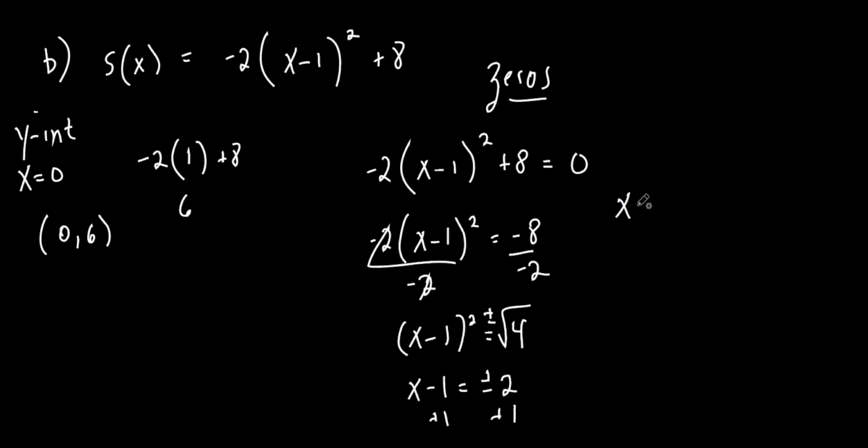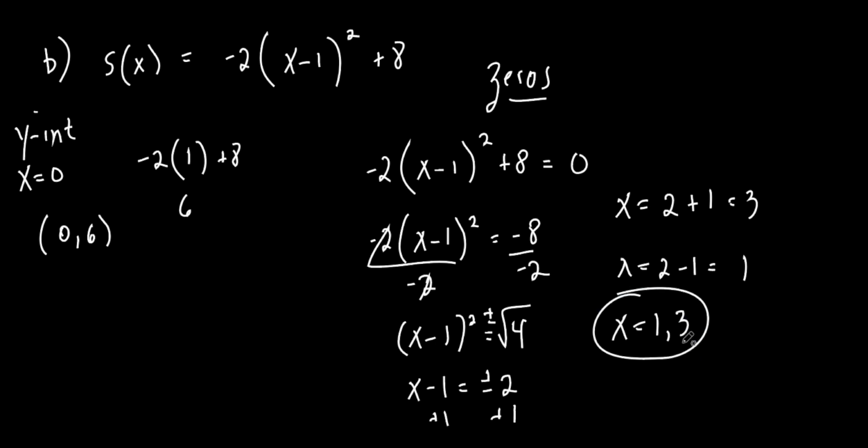So x is equal to what? Positive 2 plus 1, which is 3. And then x equals -2 plus 1, which is -1. Wait a minute, I messed up.